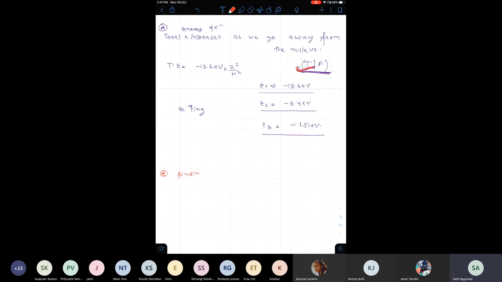Binding energy of electron increases as we go away from the nucleus. True or false?